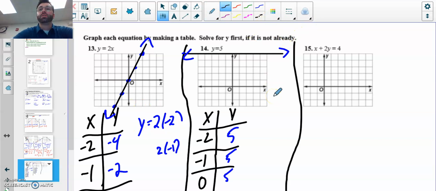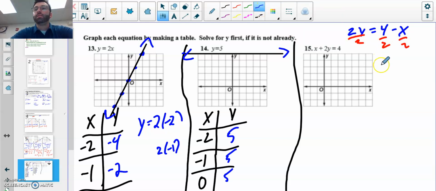All right, it said solve for y first if y is not by itself, so I'm going to subtract x from both sides to get 2y equals 4 minus x. Then I'm going to divide everything by 2. So I'll get y equals 2 minus x over 2.